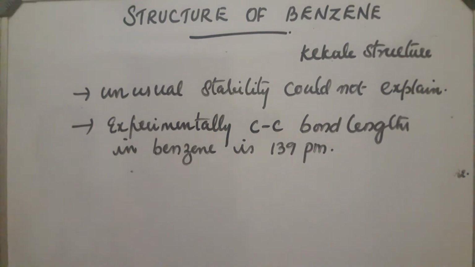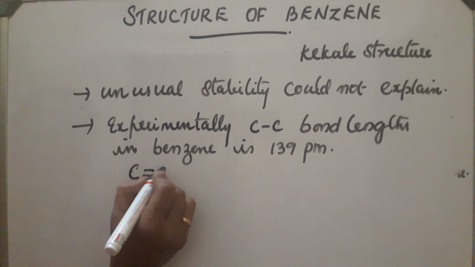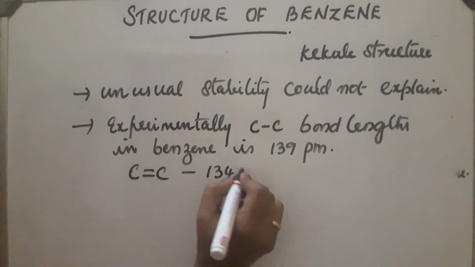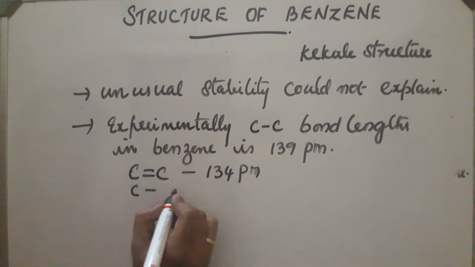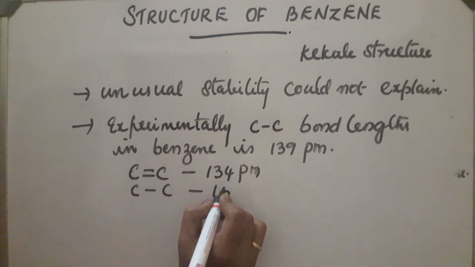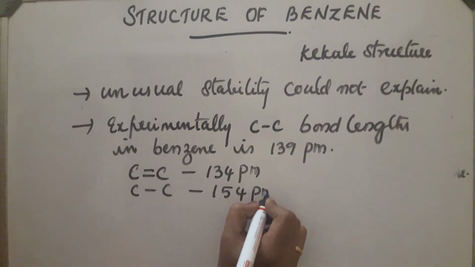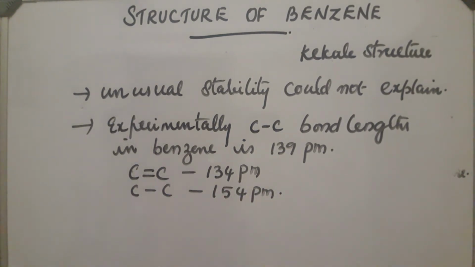This 139 pm is intermediate between the bond length of C double bond C, which is 134 pm, and C single bond C, which is 154 pm. So it is experimentally proved, and this could not be explained by Kekule.